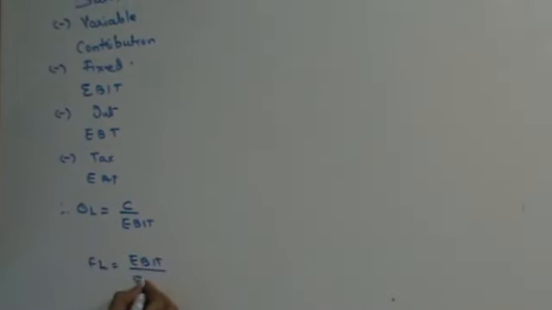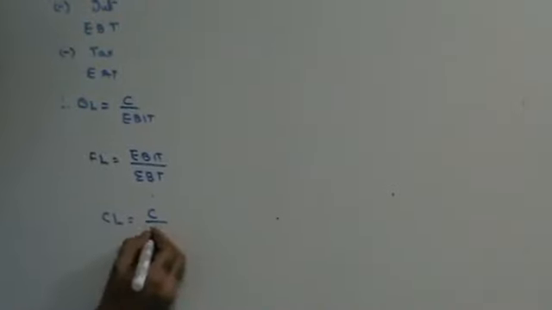Therefore, OL, operating leverage, is nothing but C upon EBIT. Financial leverage is EBIT upon EBT, and combined leverage is C upon EBT.